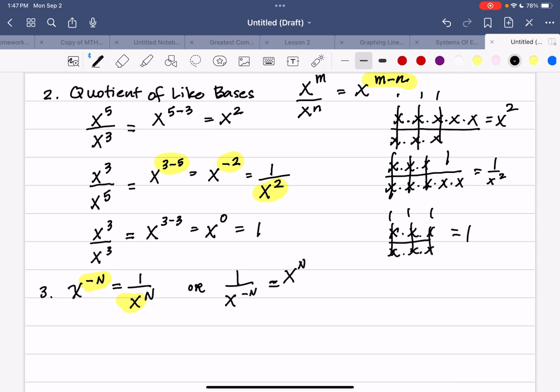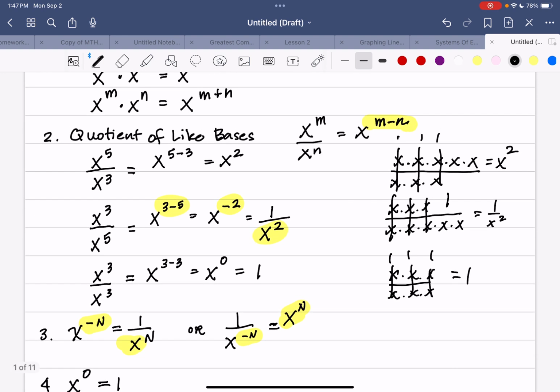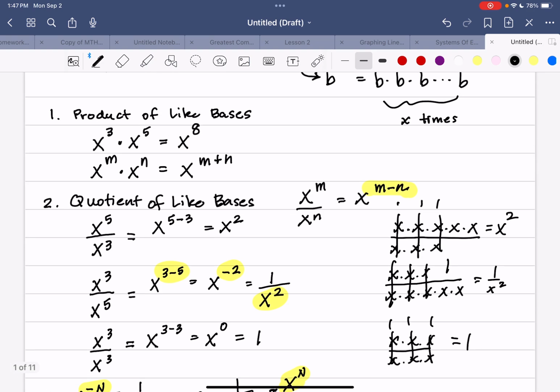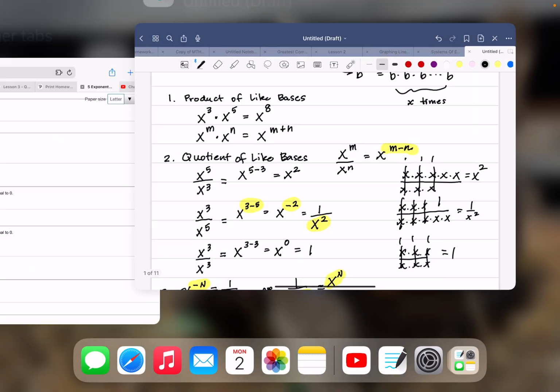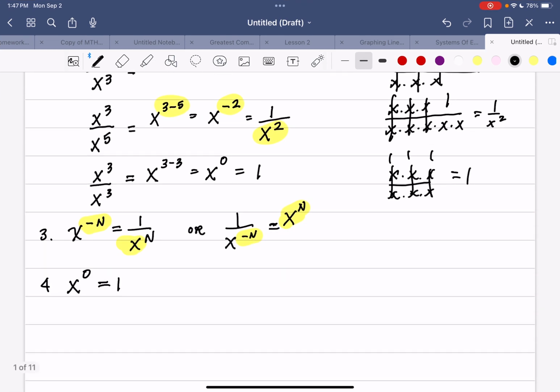And if you have a negative exponent in the denominator, you put that base in the numerator. And that if you have any base to the 0, then that's a 1. That's our product of like bases, our quotient of like bases, our negative exponent rule. This is the negative exponent rule. And this is the zero exponent rule.